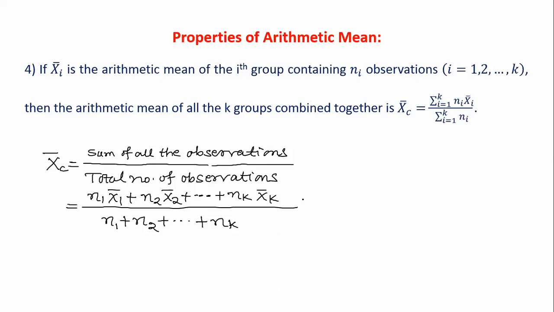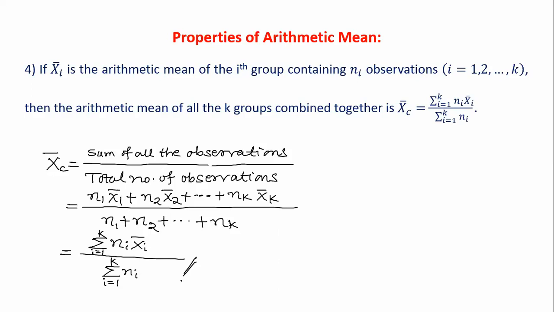So the sum of nk observations will be nk into xk bar. That's all. And this is nothing but summation of ni into xi bar, i running from 1 to k, divided by summation ni, i running from 1 to k. That's it. So this is the case.